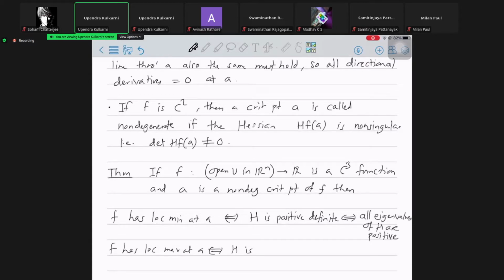The Hessian of minus F will be the minus of the Hessian of F. If I take the negative of a matrix, then all of its eigenvalues become minuses of what they were, right? So this is going to be called negative definite, which is to say all eigenvalues of H are negative.